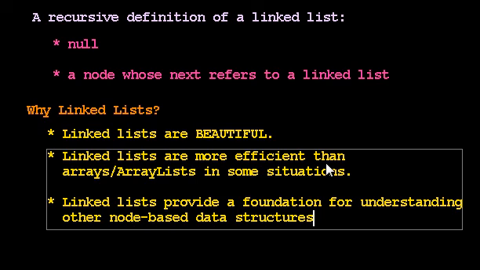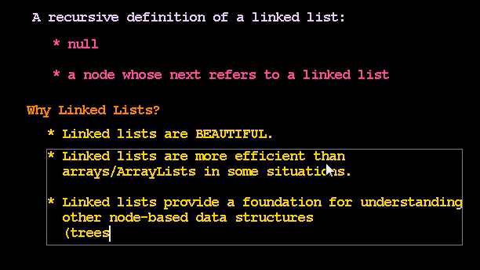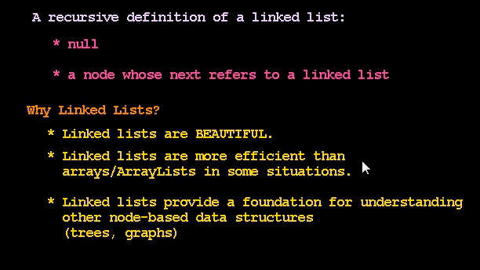They might be doubly linked lists, they might be circularly linked lists, but eventually we'll see that we can make a data structure called trees, a data structure called a graph, and trees and graphs are based on nodes, and if we understand linked lists, we'll be pretty comfortable working with trees and graphs, and trees and graphs turn out to be extremely useful for solving a range of problems where they end up being much more efficient ways of storing and manipulating data for certain kinds of problems. And so if we understand linked lists, which are a very simple node-based structure, we can work our way up to understanding more sophisticated ones later.